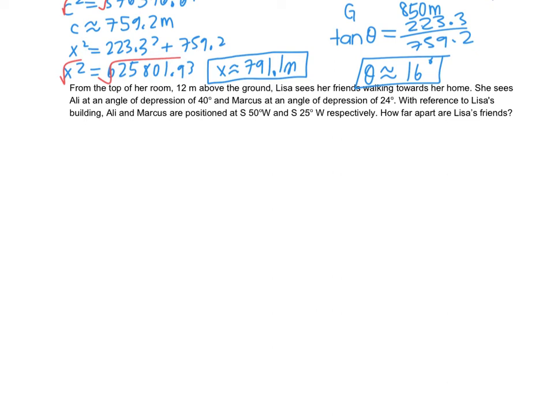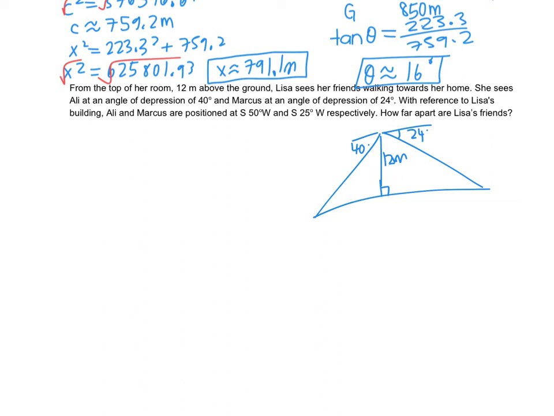Now this right now just sounds like a two-dimensional question where I'm going to erase this, so don't write it, where you have 12 meters here, one person's here, one person's here, and you have a right angle. And you know, an angle of depression there, an angle of depression there, and boom, you're done. However, this next sentence will tell you that it's actually not a two-dimensional question.